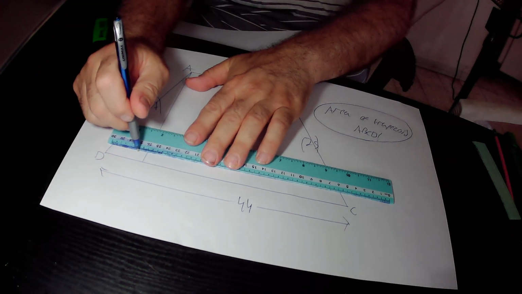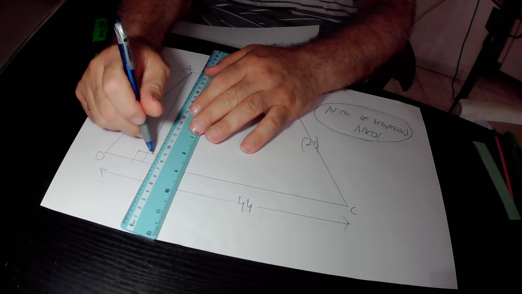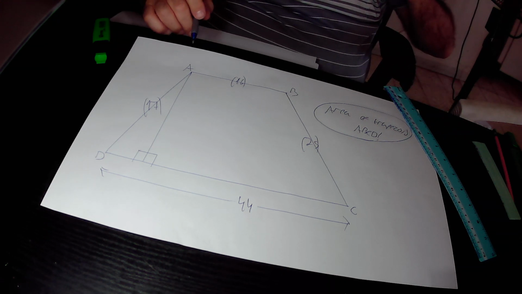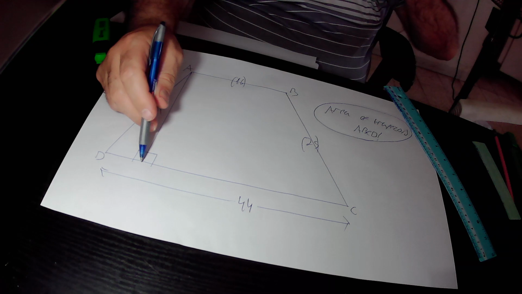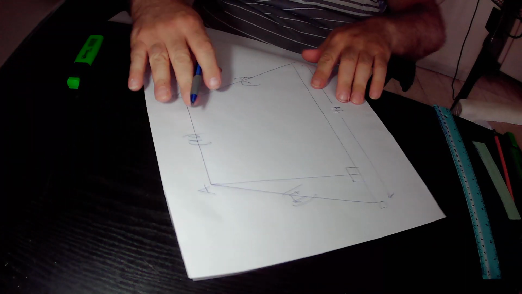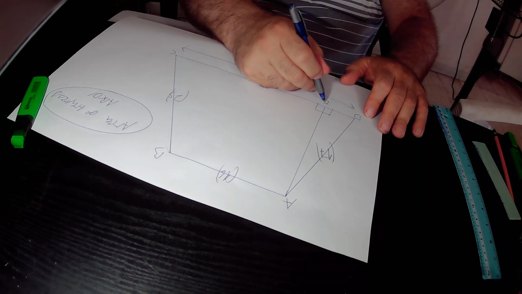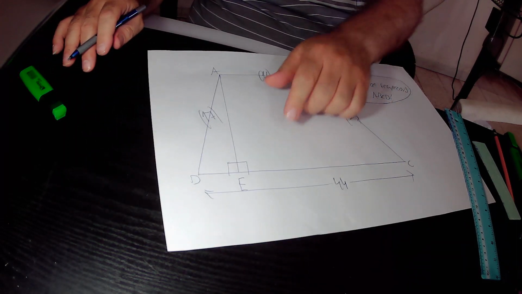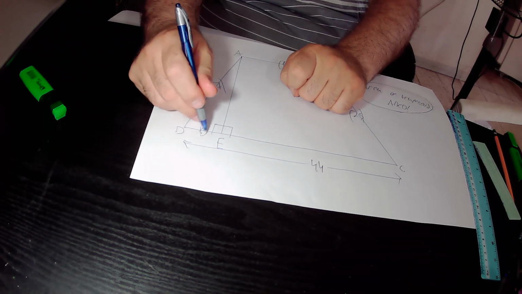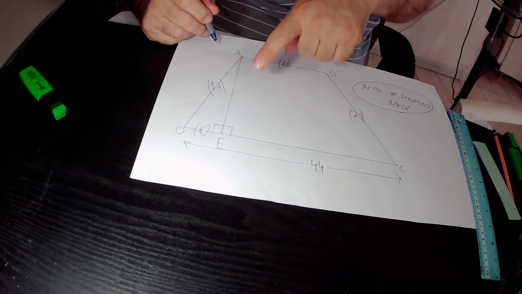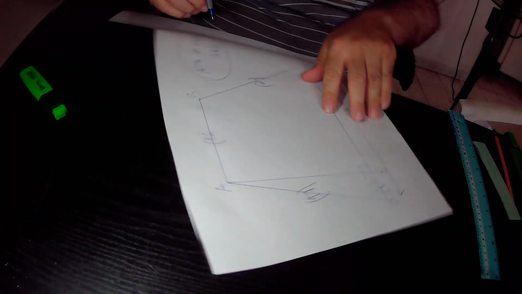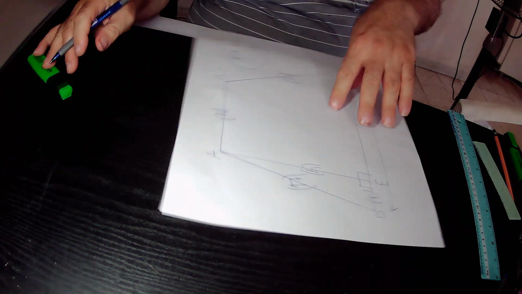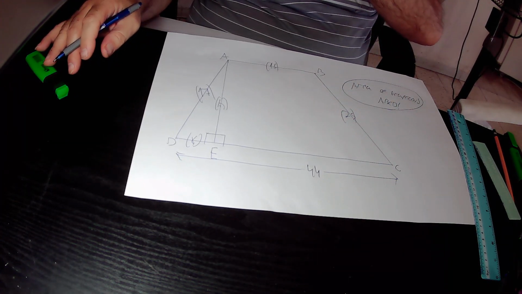So actually, this angle equals 90 degrees, and this angle also equals 90 degrees according to our construction. We define the touching point of the perpendicular from point A on DC. This point is point E. We define the side DE as X, and we define the side AE as H. H is the height of trapezoid ABCD.